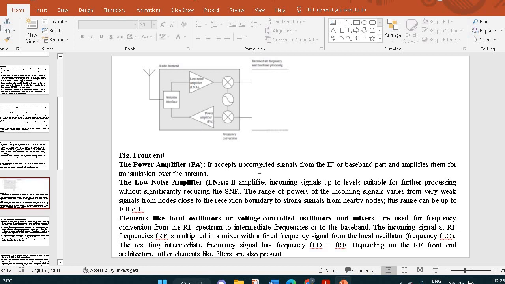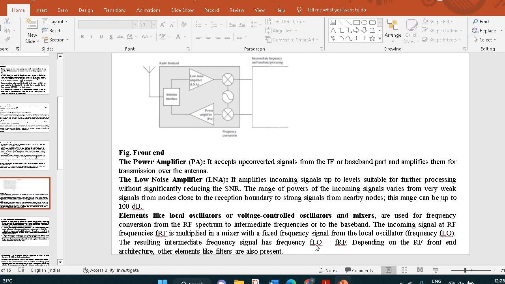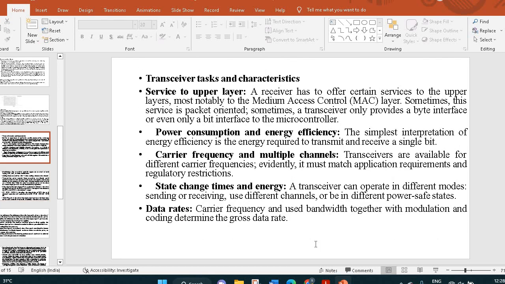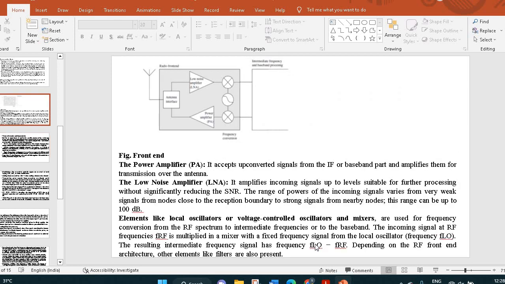Power amplifier, it accepts upconverted signals from the IF or baseband part and amplifies them for transmission over an antenna. The low noise amplifier, LNA, amplifies incoming signals up to levels suitable for further processing without significantly reducing the signal to noise ratio. Elements like local oscillators or voltage controlled oscillators and mixers are used for frequency conversion from the RF spectrum to intermediate frequencies or to the baseband.